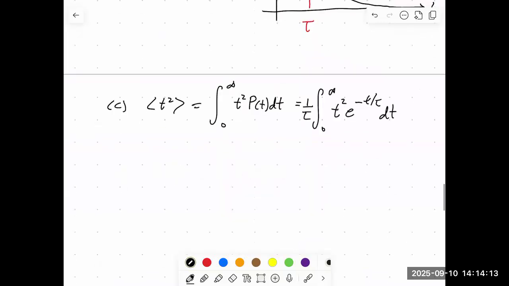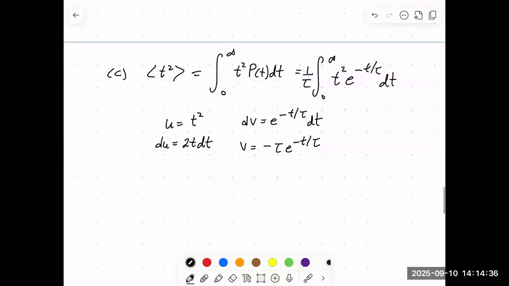Okay, so we'll do u is t squared, du is going to be 2t dt. V, or dv, is the same as before. So that's exactly the same. V is still minus tau, e to the minus t over tau. All right. So the mean of t squared, we're going to have a 1 over tau.